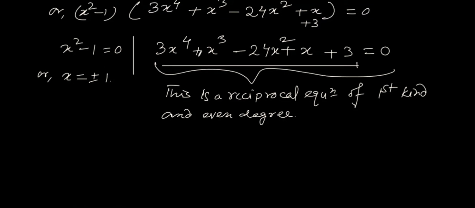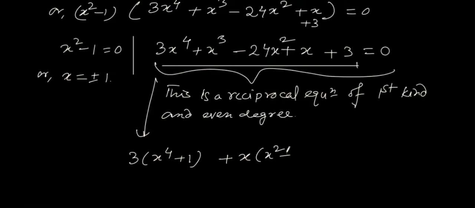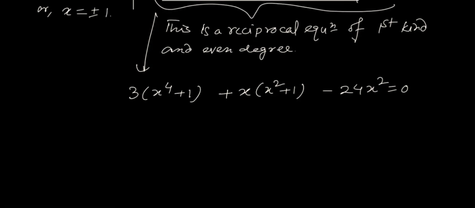Now, how to solve this equation? So this equation can be written as 3 times x to the power 4 plus 1 plus x into x square plus 1 minus 24x square equals 0. Now divide the whole equation by x square.